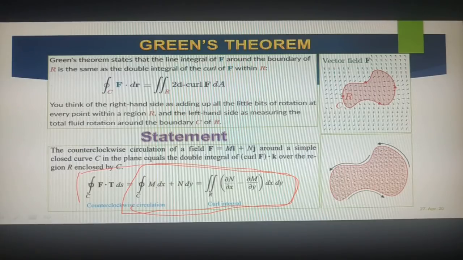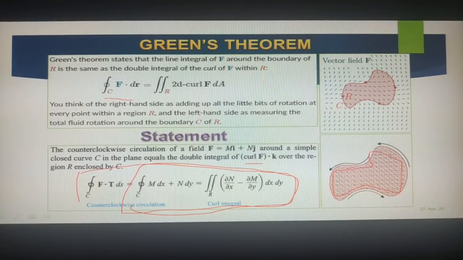The integral over C of M dx plus N dy is nothing but your integral over C of F dot dr. Along the curve you can find the length of the curve, or maybe work done. This will be equal to the integral inside with the curl. It simply means the fluid is rotating around the boundary, because the whole integration inside the region is cancelled because of the rotation.